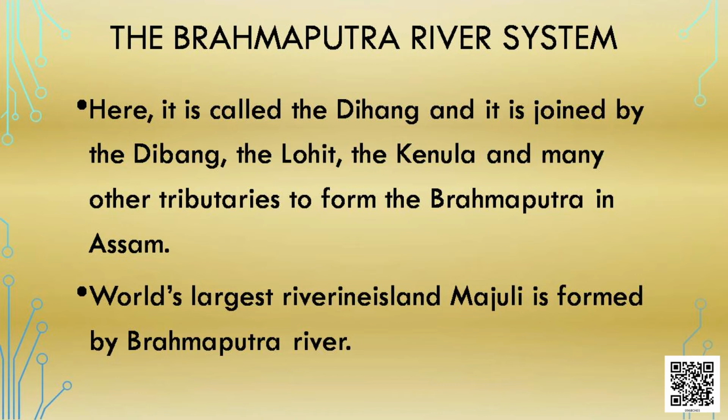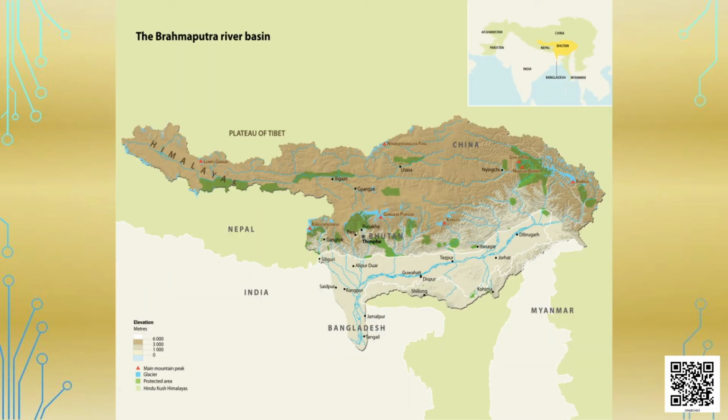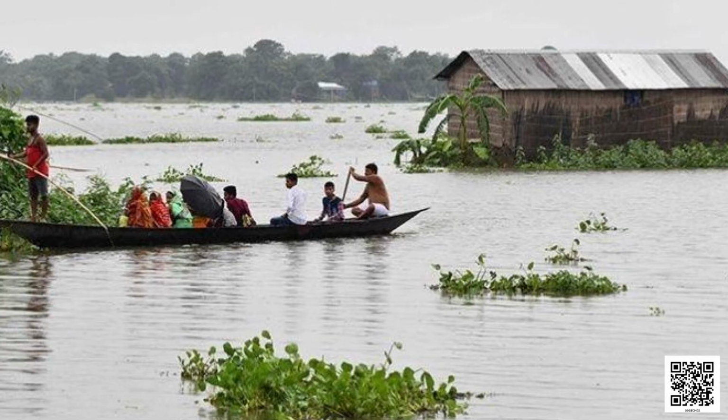While flowing through Tibet, where it is known as the Sangpo, it used to carry very less water because it crosses through an arid region. The moment it enters into India, because of heavy rainfall, it carries a lot of water, due to which every year river Brahmaputra causes floods in Assam. Due to this reason, Brahmaputra is also known as the sorrow of Assam. Like Damodar is known as the sorrow of Bengal.